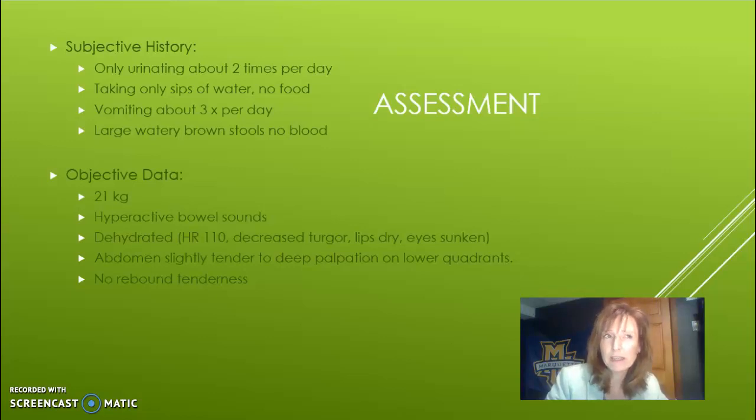So, this may change what you're thinking the possible diagnosis is. Also, there is no rebound tenderness. So we know that we see rebound tenderness with things like appendicitis, and there's no rebound tenderness, which is good.